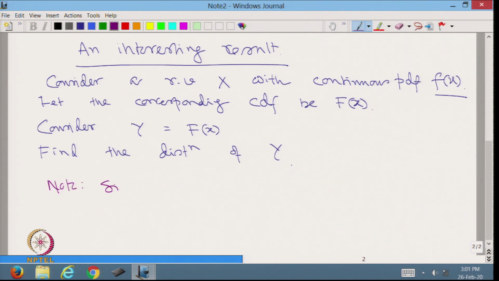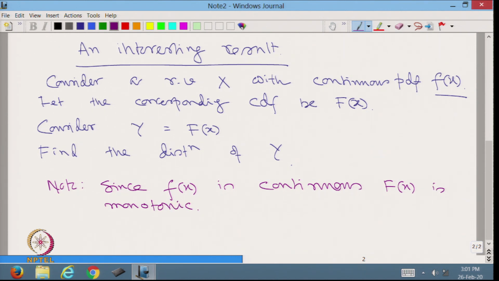Note that since f x is continuous, capital F x is monotonic. Therefore, given y belonging to 0, 1, we can get x is equal to F inverse y uniquely.